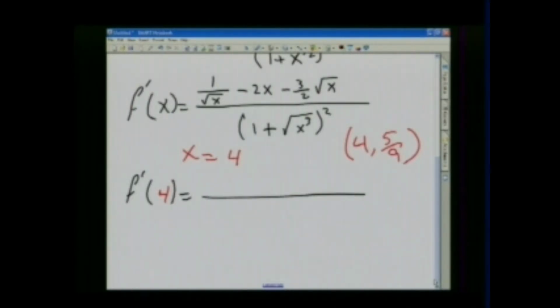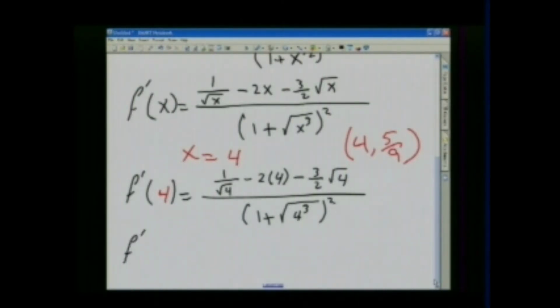So it would be equal to 1 divided by square root of 4 minus 2 times 4 minus 3/2 square root of 4, over 1 plus square root of 4 to the third, the whole thing to the second.